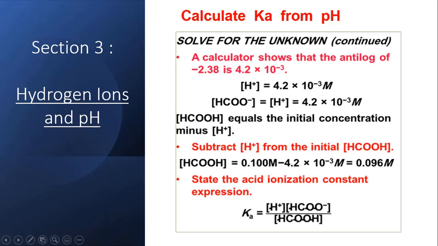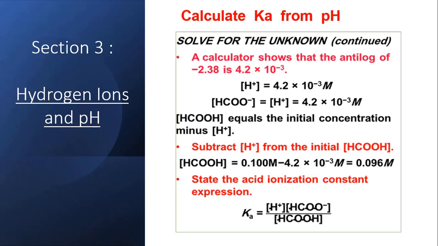Because going back to Ka values, if you want to write the ionization equation or the chemical reaction that happened, the chemical equation will show you that the concentration of H positive multiplied by concentration of HCOO negative will be on the products, and the concentration of HCOOH, which is the acid, will be on the other side.